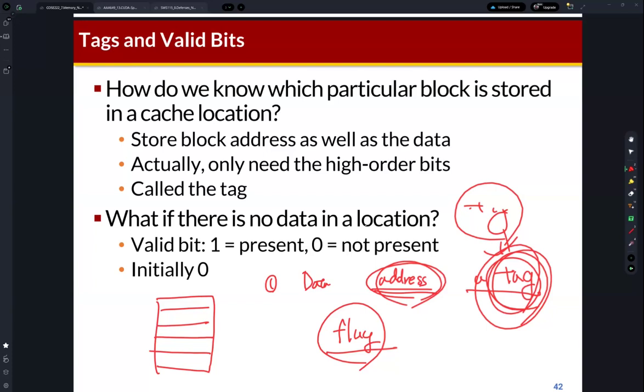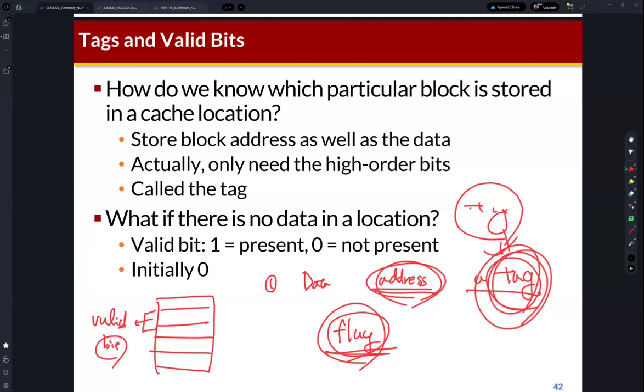So each cache entry requires a valid bit. If this valid bit is 1, this entry includes valid data in a cache. But if this valid bit is 0, then this data is invalid, which means this space is empty, the corresponding cache entry is empty. So we require additional flag bits for the cache entry.